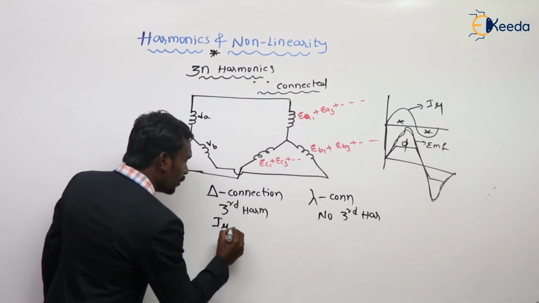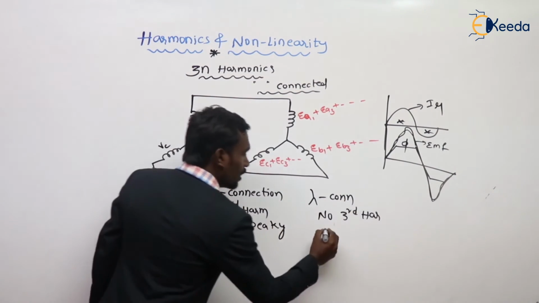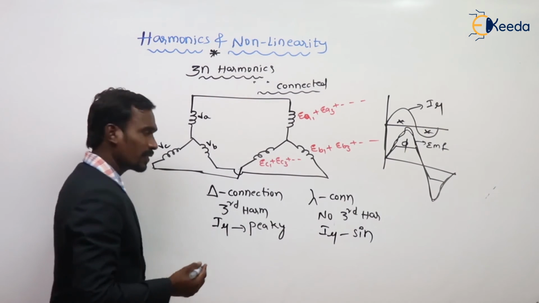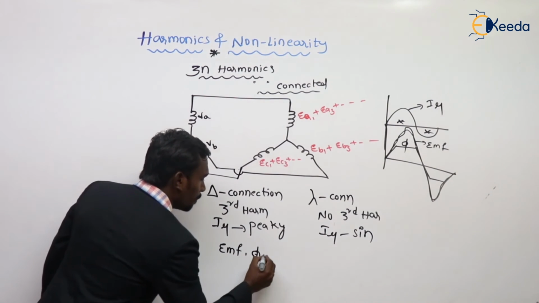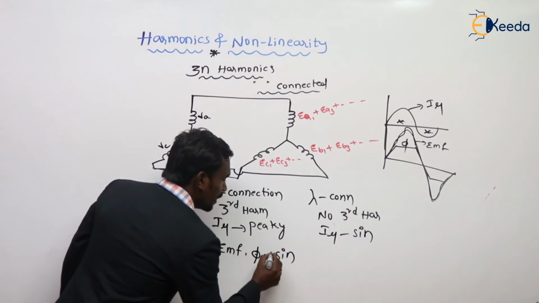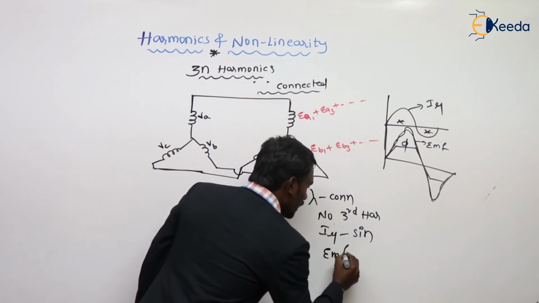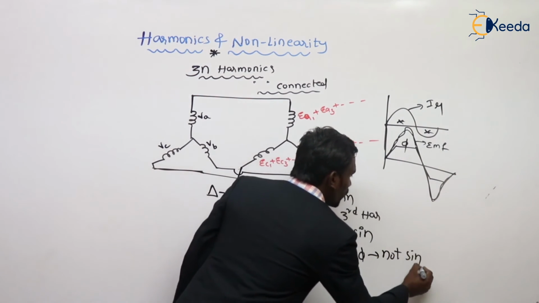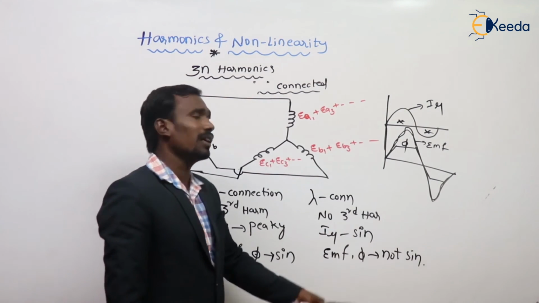Here I mu is a peaky wave; here I mu is only sinusoidal. Here EMF and flux are both sinusoidal. But here EMF and flux are not sinusoidal, because there is no third harmonics path.